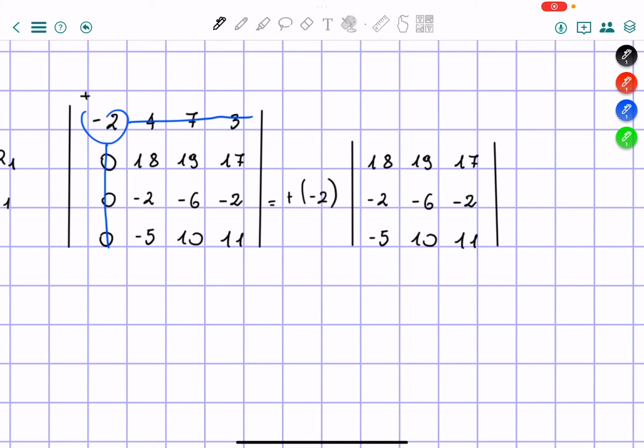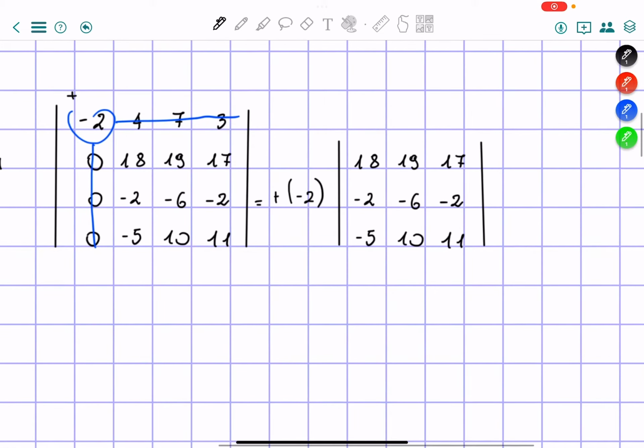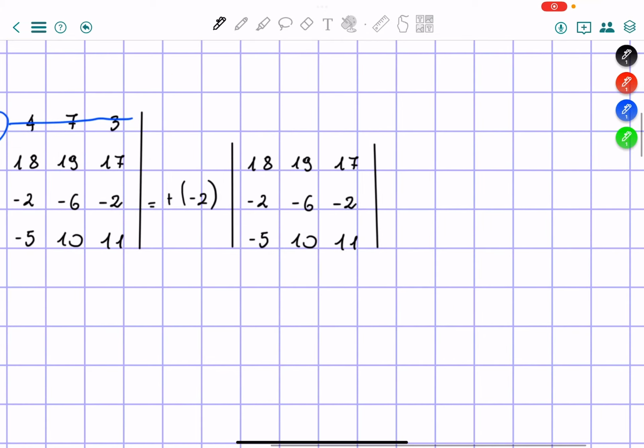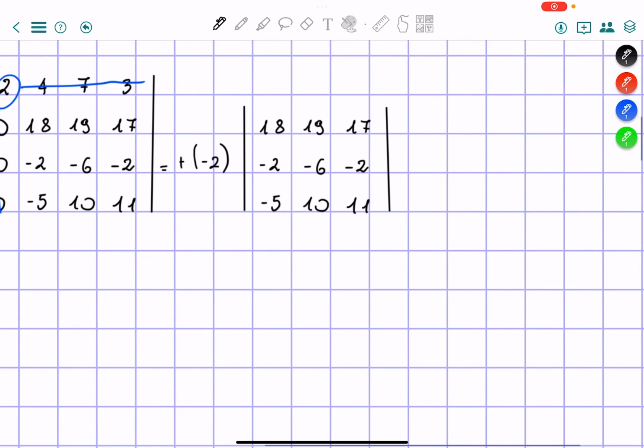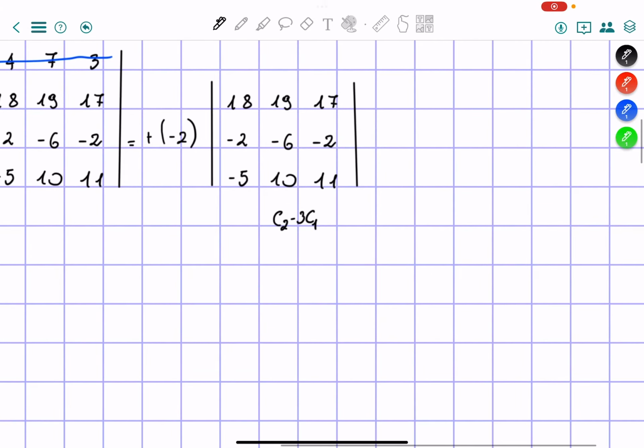So now let's see what I can do. I can use columns this time instead of rows. So I can do, for example, column 2 minus 3 times column 1, and then column 3 minus column 1.